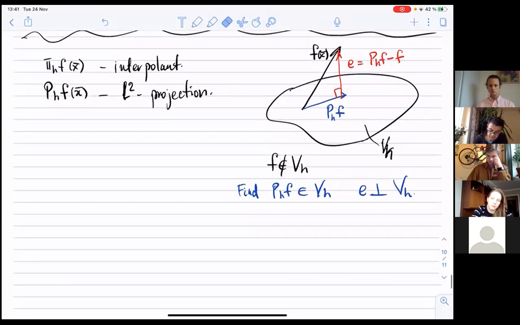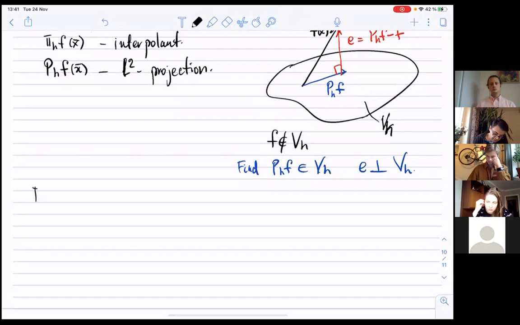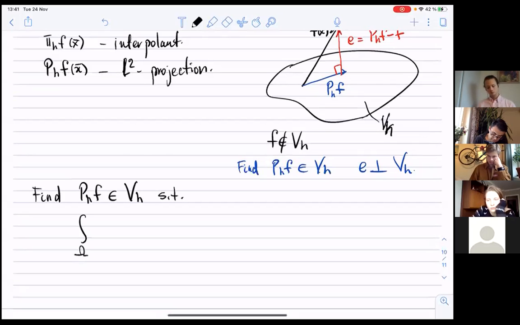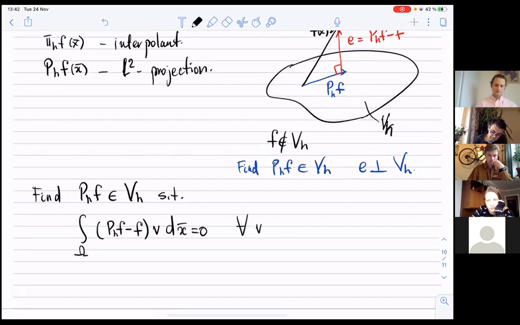We can use the same idea and give the following variational problem. Find P_h f from the space V_h such that the integral of the error, P_h f minus f, times v dx is equal to 0 for all v from this space V_h. That means it's orthogonal to any element from that space.